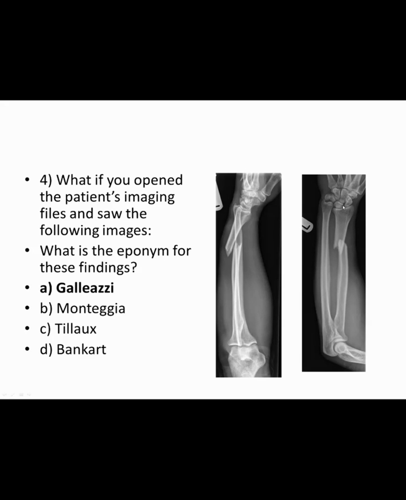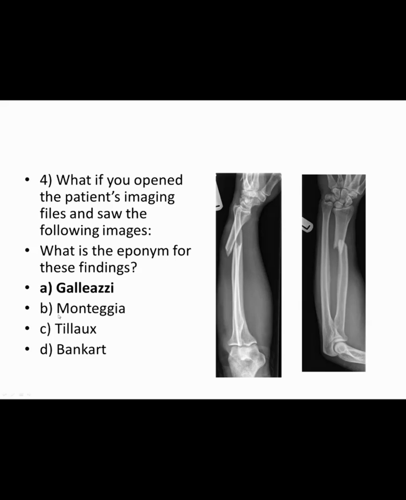Additionally, there may be some widening of the scapholunate interval, and the entire cortex of the proximal lunate is overlapping with the distal radius, which, when we trace the cortex of our bones, we can appreciate a significant fracture of the distal radial diaphysis, resulting in the radius translating towards the ulna, which is why we're seeing a disruption of the distal radial ulnar joint and all of this overlap with the lunate here. So, in summary, we have a fracture of the distal radius with disruption of the distal radial ulnar joint. The eponym for that is Galeazzi.